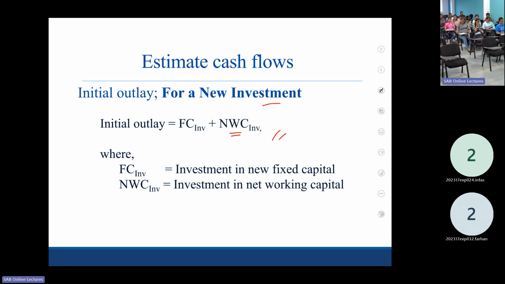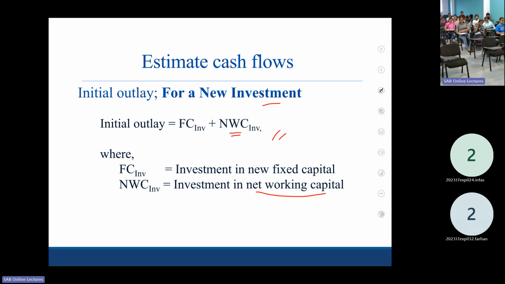Current assets and some current liabilities will arise. Like you have to take certain inventory, raw materials, you have to take a bank overdraft. So certain working capital related current liabilities and current assets will arise. So you have to consider the adjustment of the net working capital, the investment in net working capital.